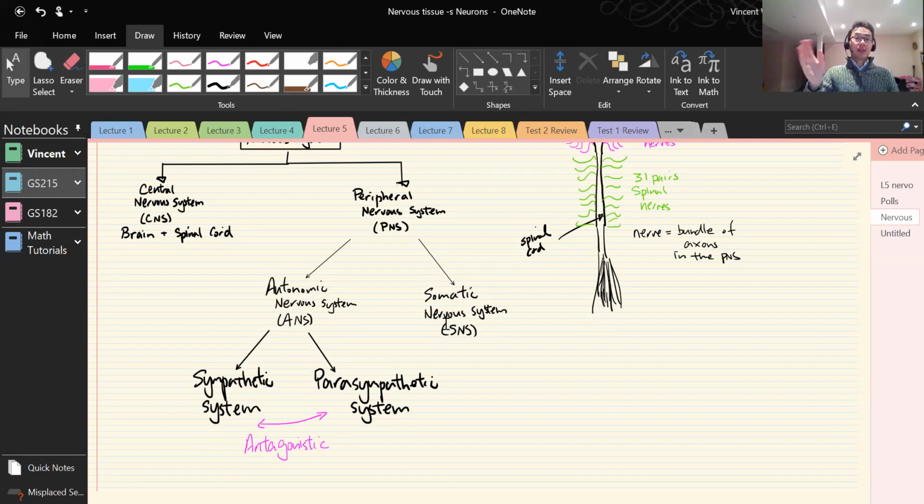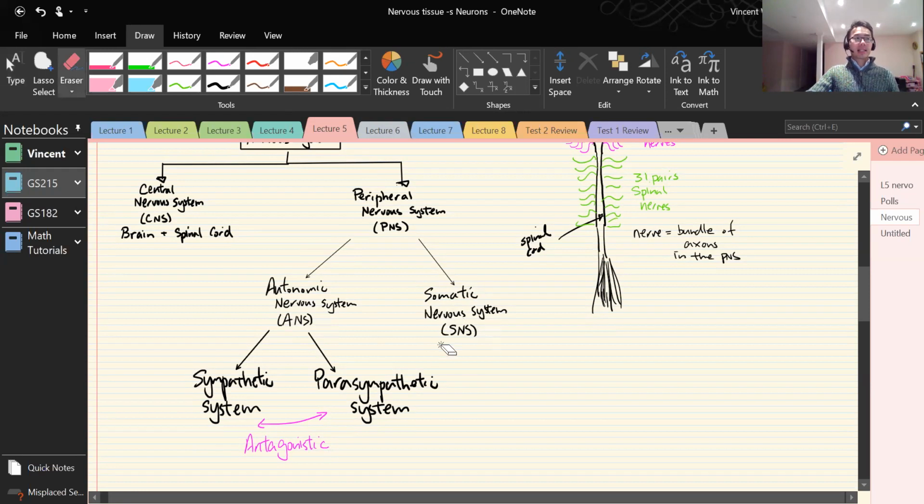Okay. Now here is what you do. On the test, how do you figure out which one is which? You think about the body part that is being triggered. In this case, you prick your finger. Do you normally have voluntary control over your finger or not? I hope you do. You can move the finger at will. And because you have voluntary control over it, is that ANS or is that SNS?